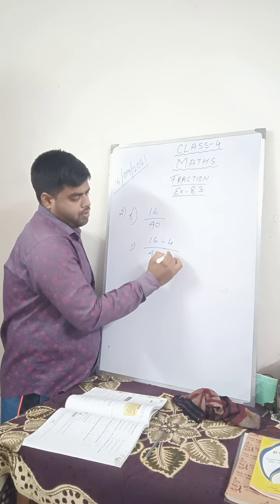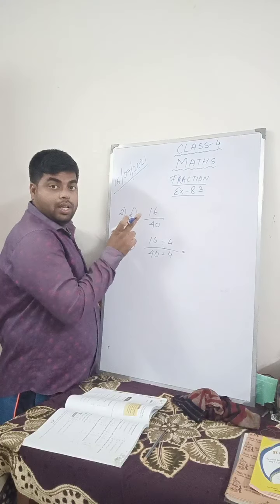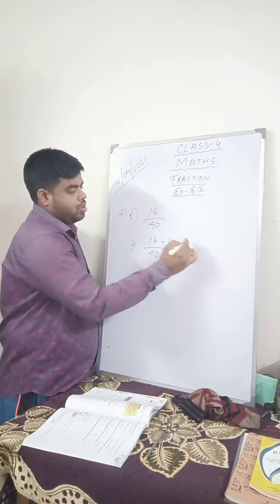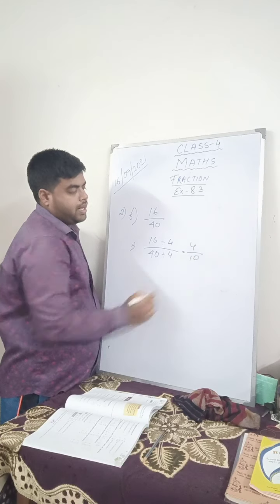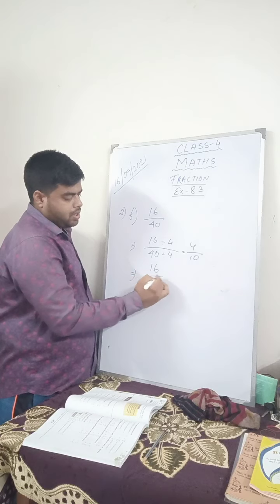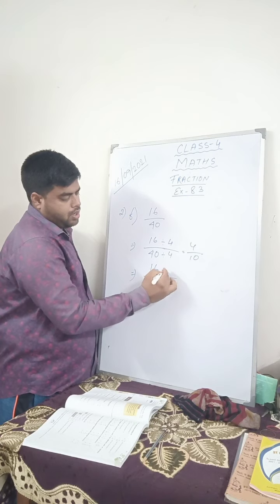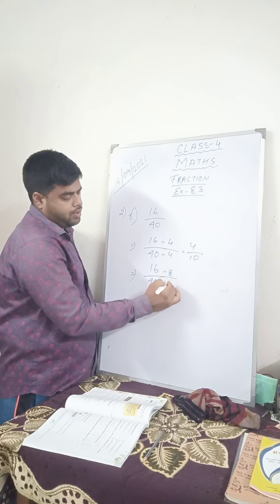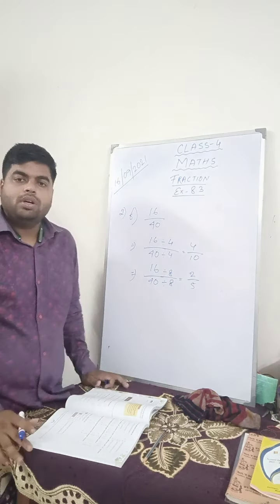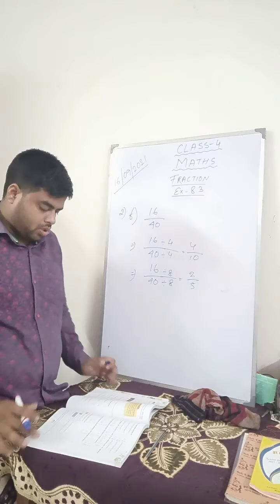I am dividing by 4. But remember, the numerator and the denominator have to be divided by the same number. So this will be 4 by 10. You want to see some other number, 16 by 40 divided by 8. So it will be 2 by 5. So I hope you have understood this division process also.